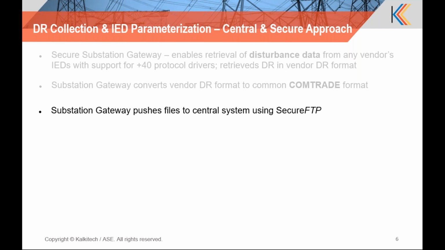Using that, it is automatically pushed to either the central system or multiple systems, like a regional control center as well as a centralized control center. You can push this file to all those systems.